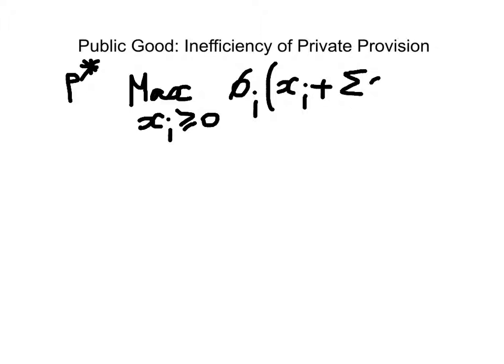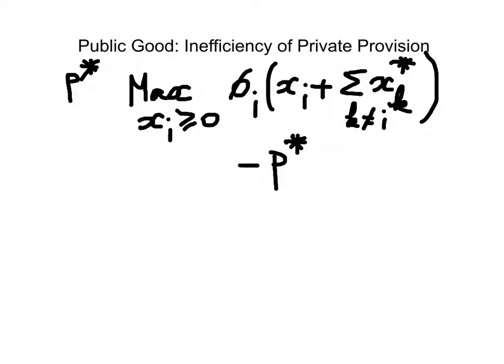So you're deriving utility from the level being produced overall in the economy. So we're looking at the sum of what the other parties are consuming. So we can call this the X star for each person, with K being different from I. So we're looking at all these other consumers. We're maximizing all of this less the cost for person I of actually purchasing this good. So what is the first order condition?